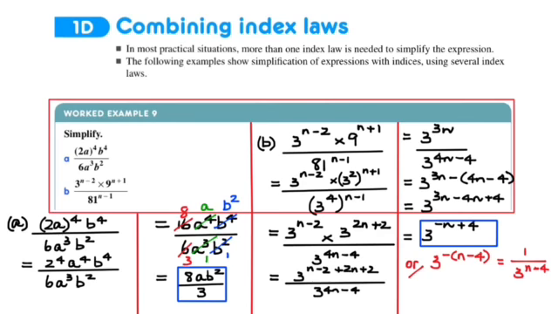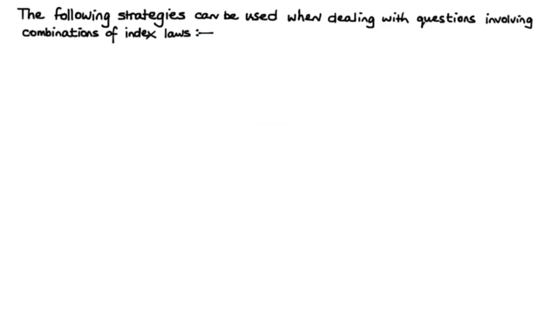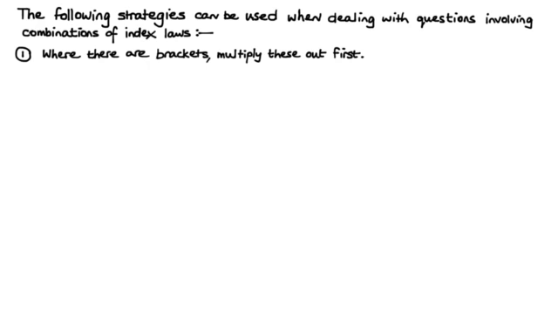Okay, guys, that was a pretty interesting one, wasn't it? Now, as promised, here is my strategy for you, telling you how you can deal with these things and what order would be a good way to deal with them when you've got these combinations of index laws involved. So the first thing is, where there are brackets, I would multiply these out first. I always do that, and it works like a charm.